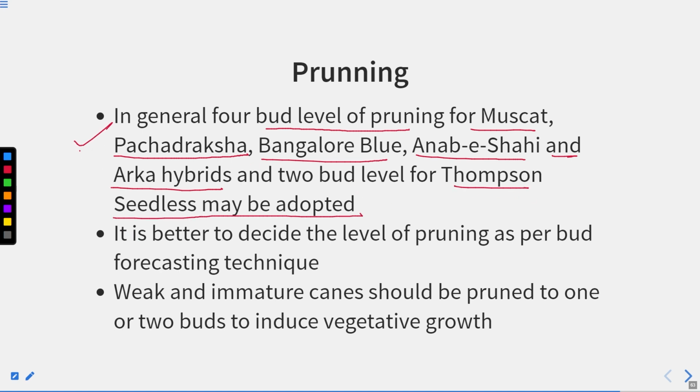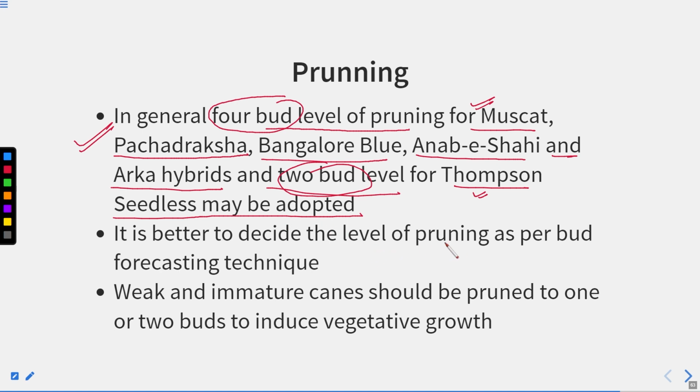So at the 4 bud level the pruning can be done for the muscat, Pacha Draksha, Bangalore Blue, Anab-e-Shahi and Arka hybrids, and at the 2 bud level the Thompson seedless may be adapted. So this is the timing.